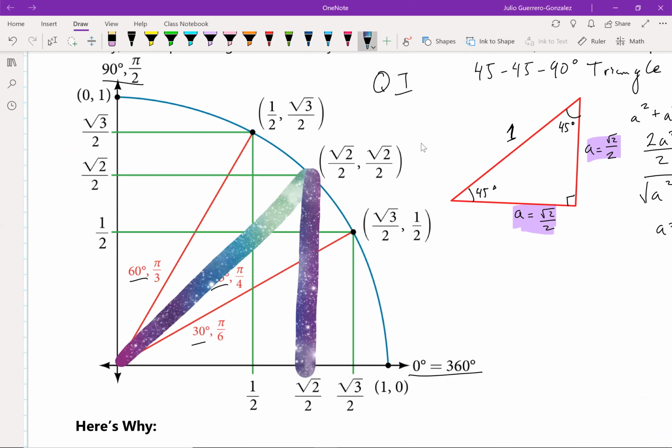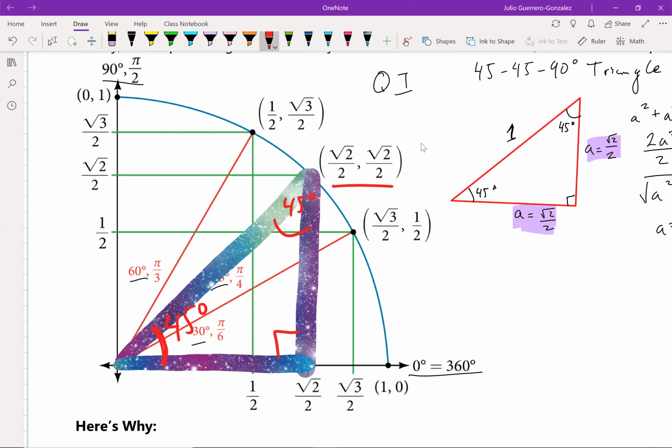That's this triangle right here, right? This angle right here is 45 degrees. This one is 45 degrees. And this one is the right angle at 90. Right?